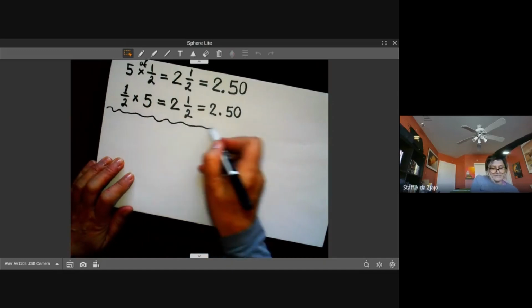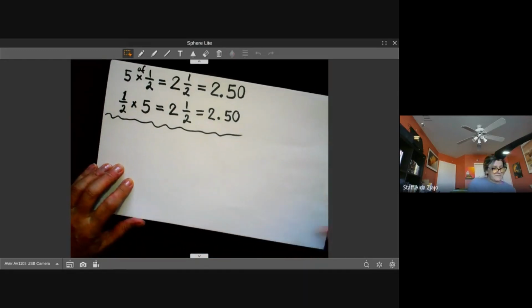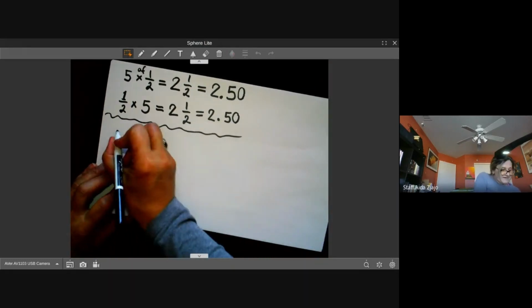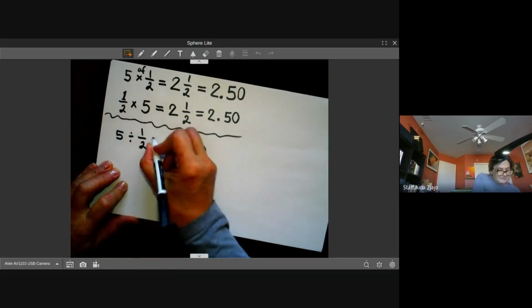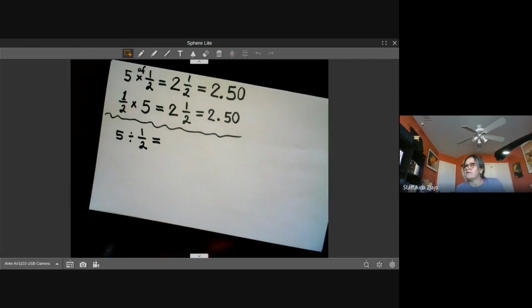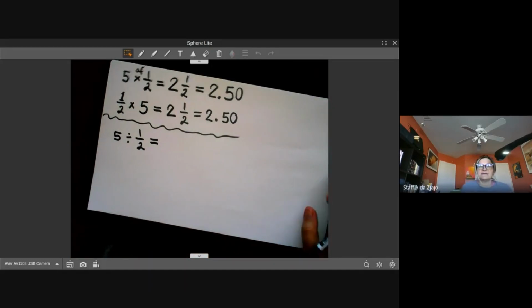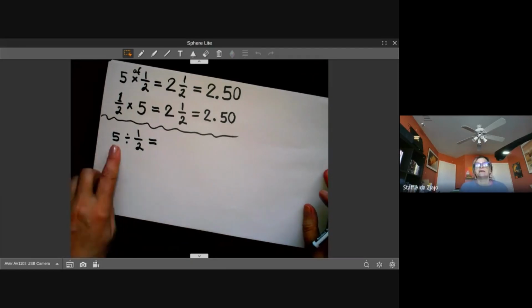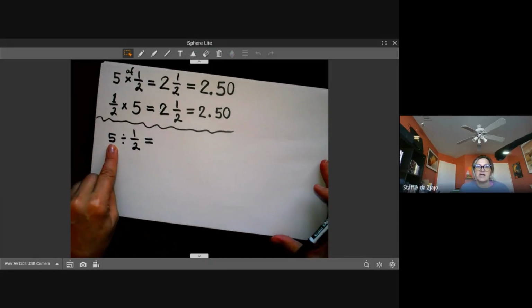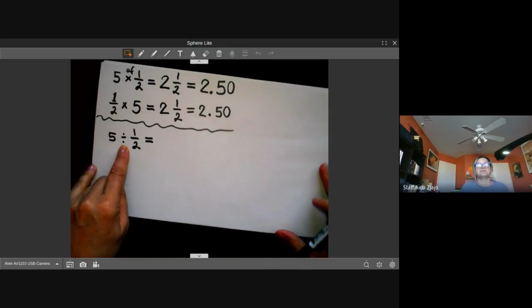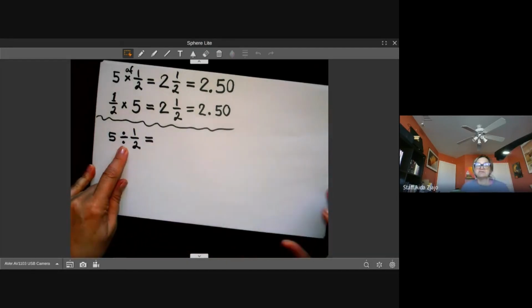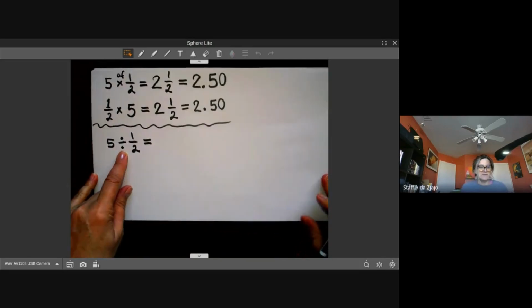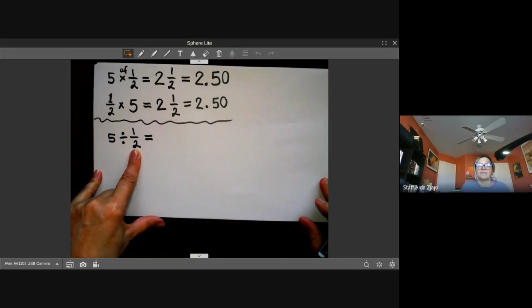That's what we have when we are talking about multiplication by half. What if our problem says 5 divided by a half? Now I'm going to have another story. Vanessa has 5 chocolates, and she's going to divide, the division operation, that into groups of half.